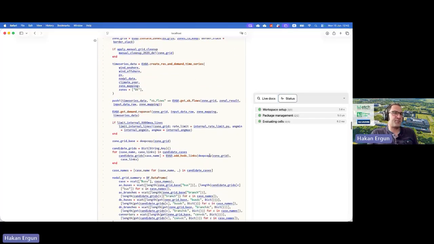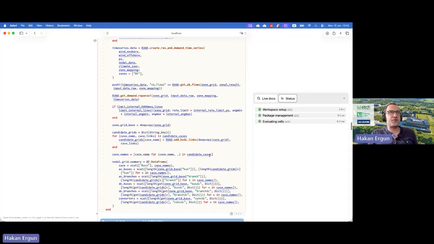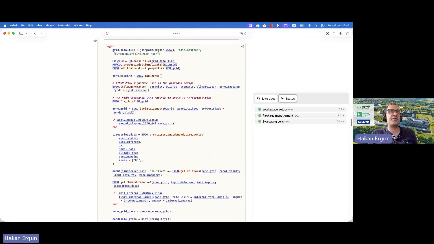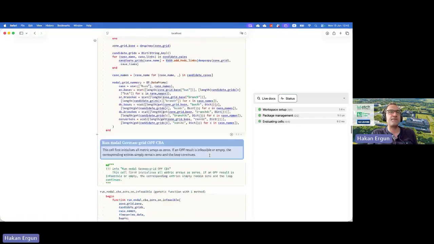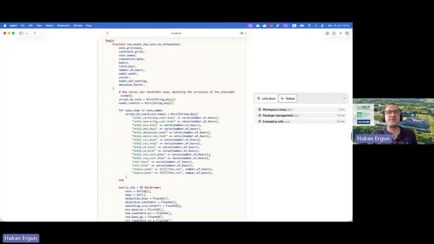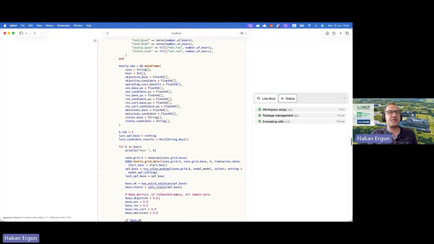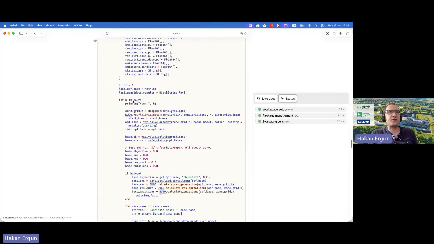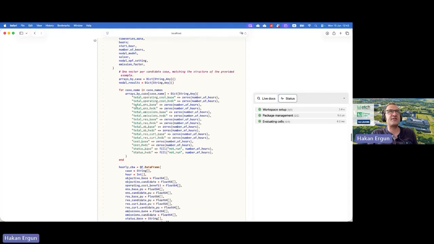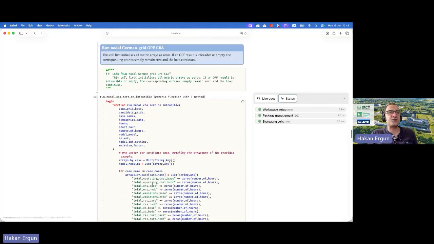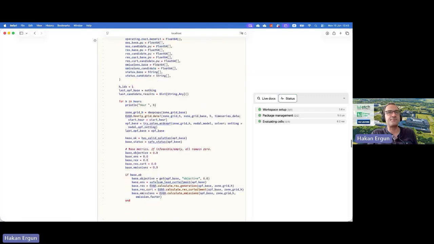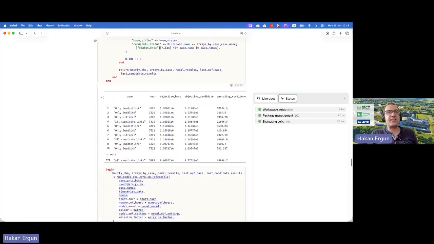This part of the code is basically just going to take care of initializing your results. And then at the end, the actual optimization happens here, for each of the hours that we have specified, and for each of the links that we have here. And at the end of the day, the optimization results are going to be written out.